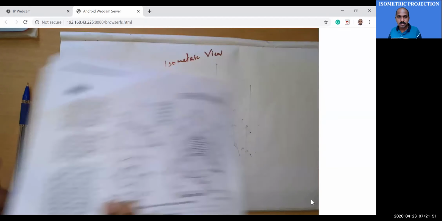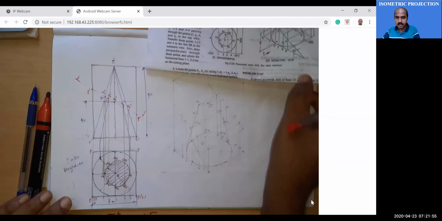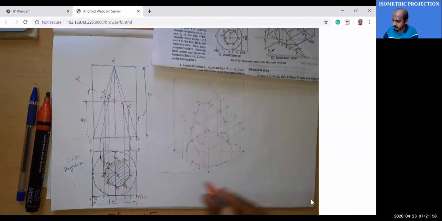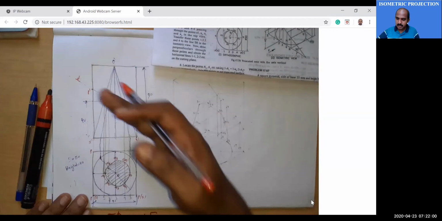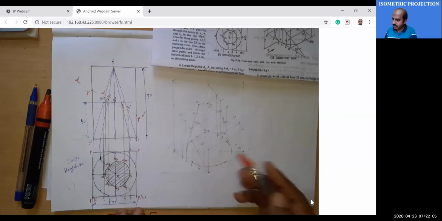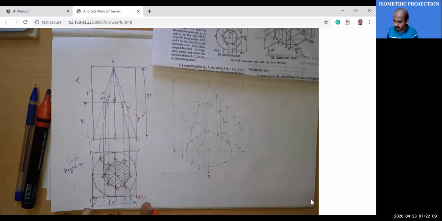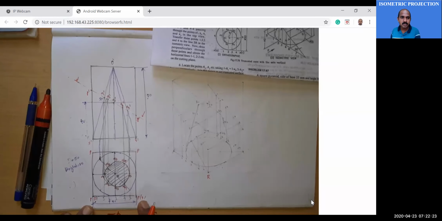Now we are going to draw the isometric view. What do you do? Because your cutting plane is inclined like this, you need to transfer points to this side. So let it be R. From R, these are both equal sides, because it is a 50 mm base diameter of the cone.